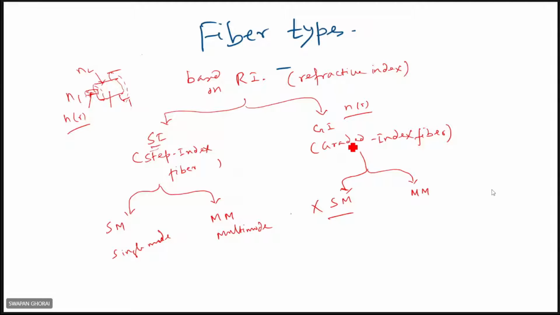GI fibers are available in the market, but GI-SM fibers are not in practice because of the fabrication cost. So generally three types of fibers are available in the market: SI-SM, SI-MM, and GI fibers.